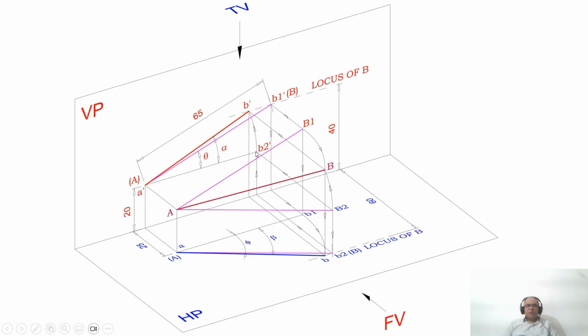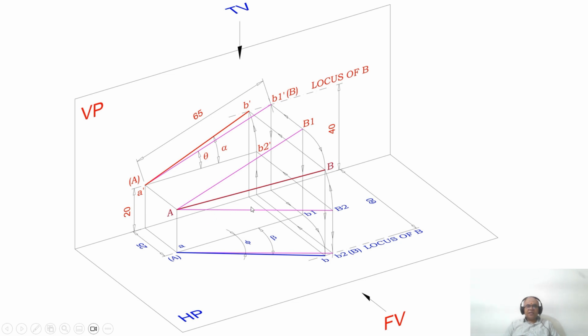That is possible only by rotating with reference to A dash. Right now the point B2 is above HP by 20 mm, but actually B is not above HP by 20 mm, it is above HP by 40 mm.